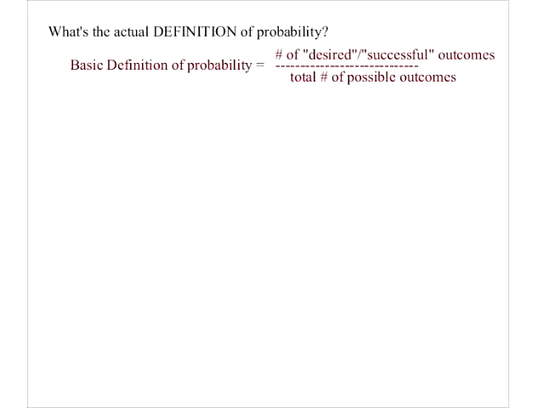So that's the definition. If you think about the most basic possible situations of probability, it's basically just counting stuff.